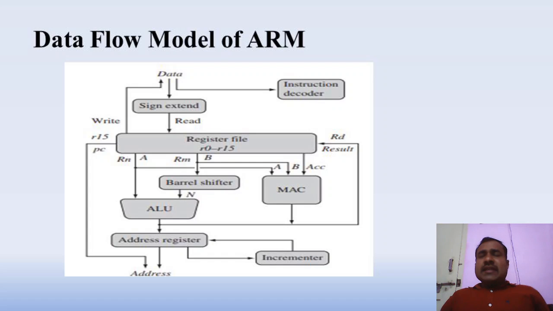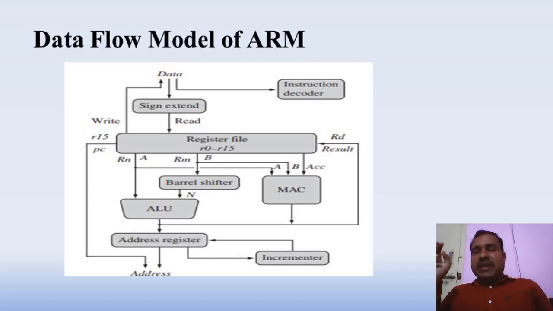Once the data are read from the memory, they are stored in the register file. So register file is a bank of registers. It will have many registers. Altogether there are 37 registers, and some of them are hidden during the execution. We will come to that in the later part.